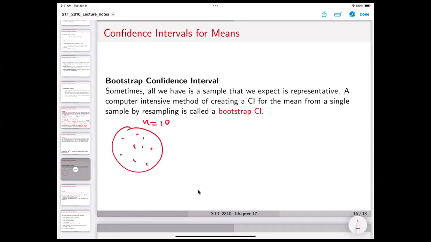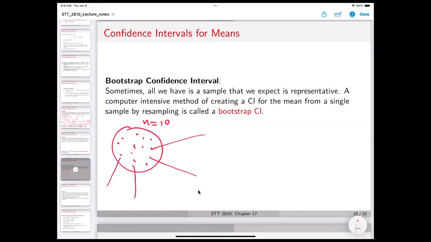It's going to select samples from the sample with replacement many times, and then we're going to compute the confidence interval on them.